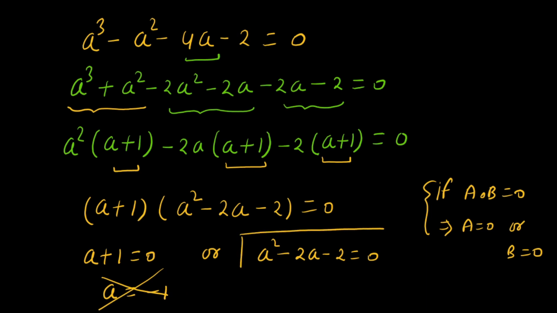Then a square minus 2a minus 2 equals 0.